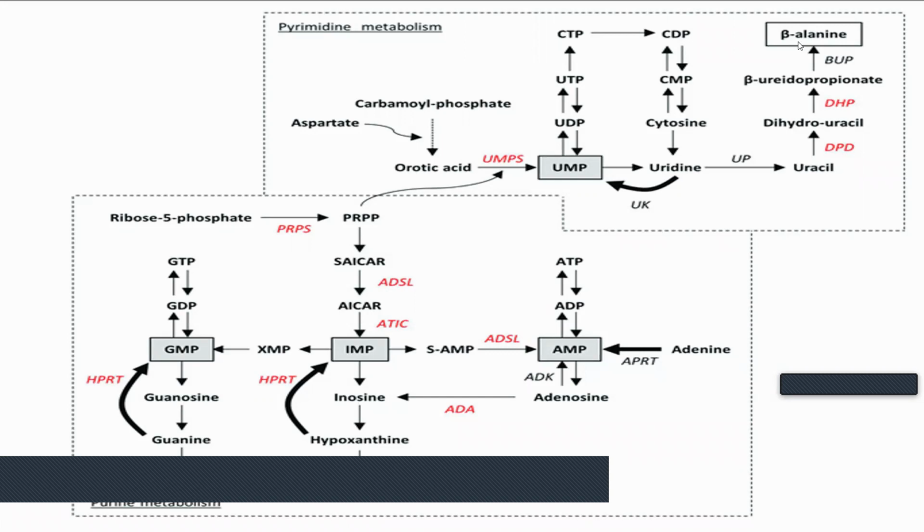Beta alanine, right? Do you remember beta alanine? I mentioned it as a product of catabolism of pyrimidine: CO2 plus NH3 plus beta alanine. So this is one of the end products. That's why we say beta alanine is the product of catabolism of pyrimidine. I have highlighted this. You have to remember PRPP, beta alanine as the end product, and carbamoyl phosphate as the first substrate.